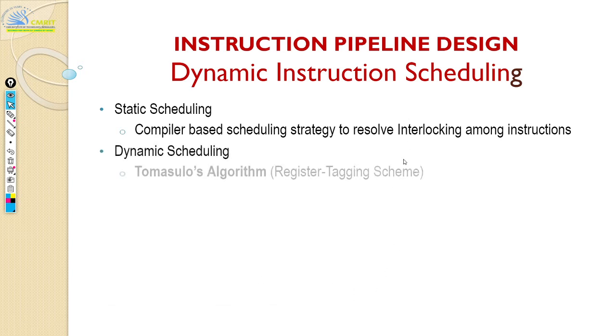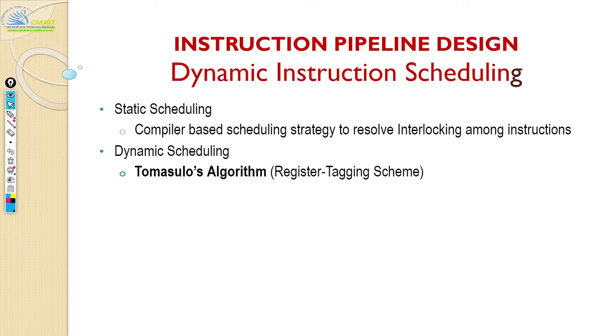So what is dynamic scheduling? We actually have a couple of approaches, but what dynamic scheduling means is you actually do the prefetching, right? So you actually bring all the instructions that are ready to be issued, but then you issue them in such a way that as and when the resources are available, you actually give them for execution.